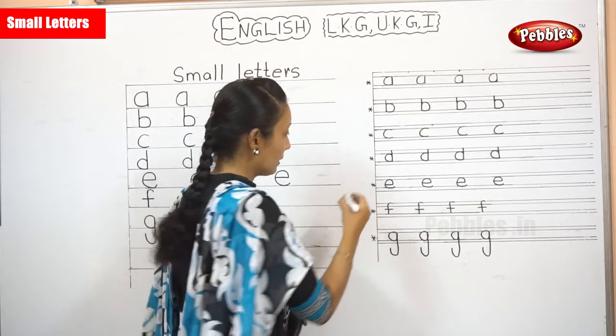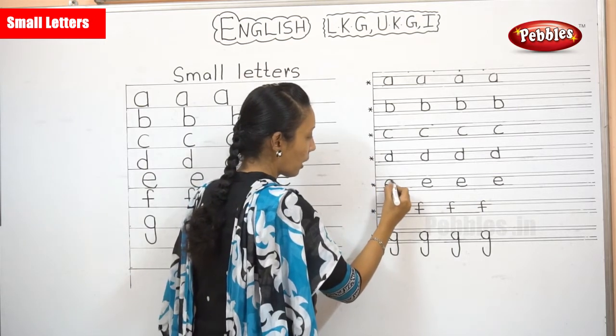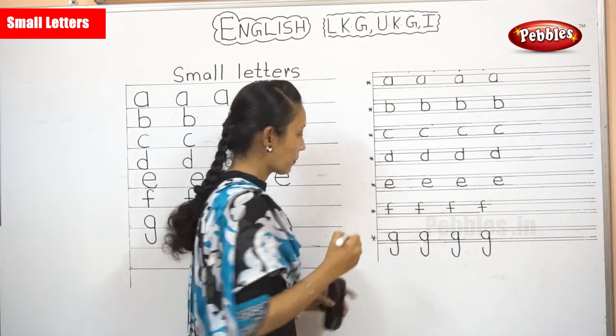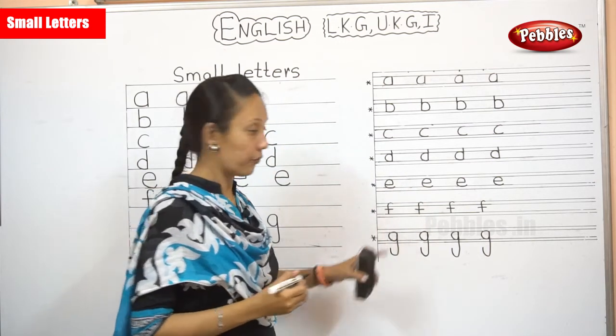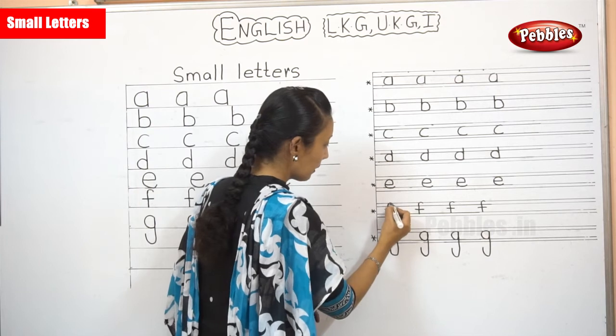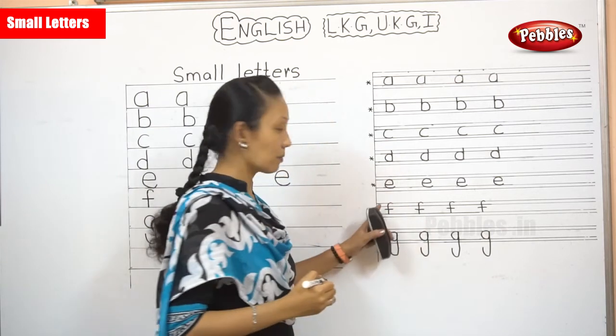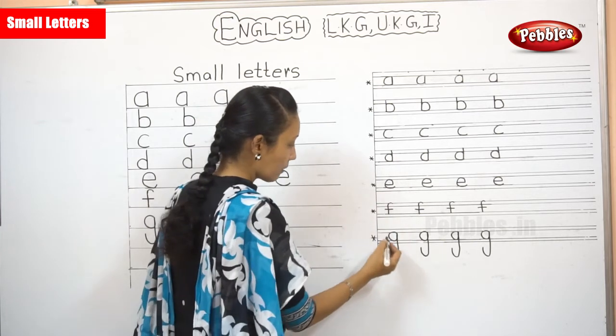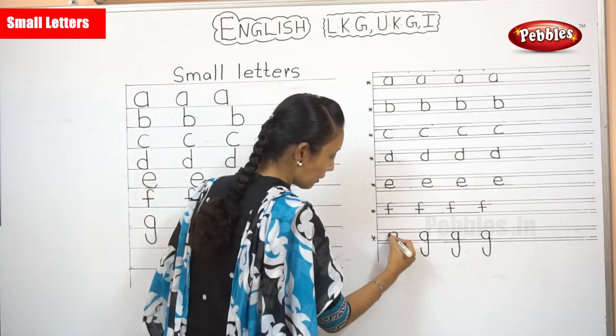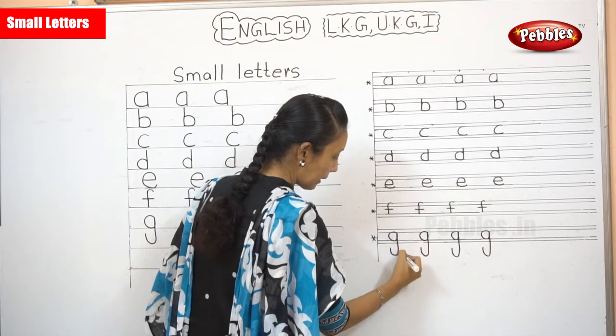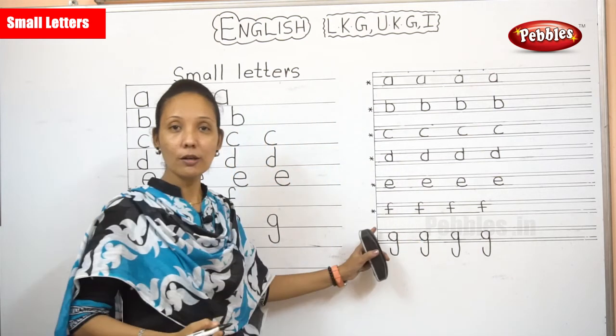Small e, sleeping line, go up, come down. Now small f, a small curve, a straight standing line and a sleeping line, small f. Now G, your curve, go up and come down is small G.